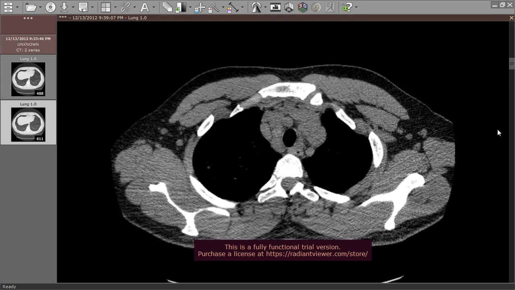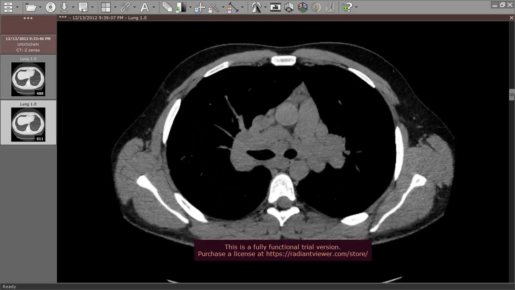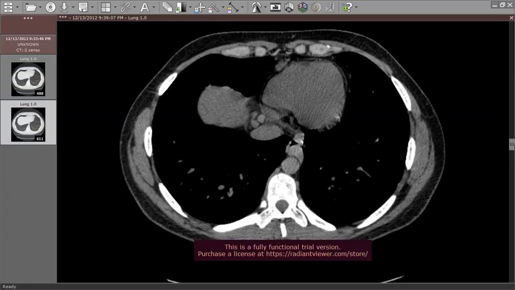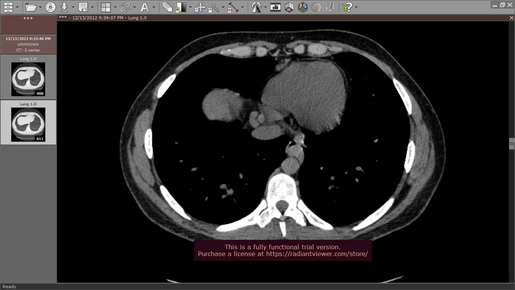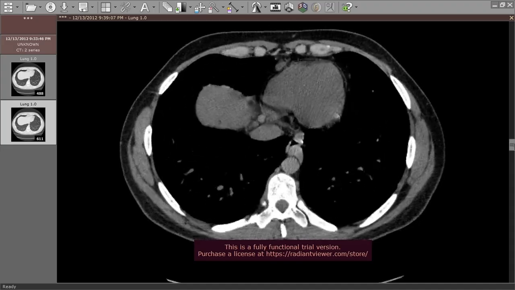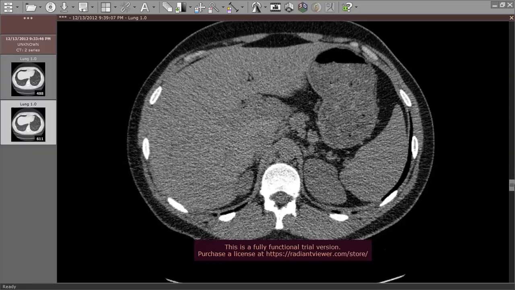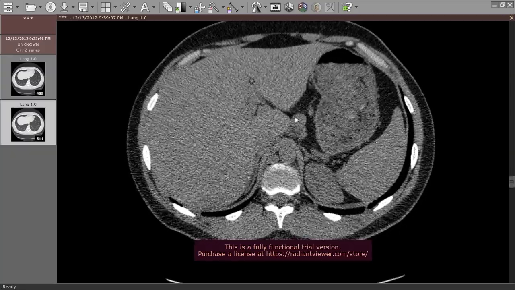You can see also small lymph nodes in the axillary region. Actually, they are non-specific, small to be characterized. We have also cardiophrenic nodes, periesophageal nodes, upper abdominal nodes.